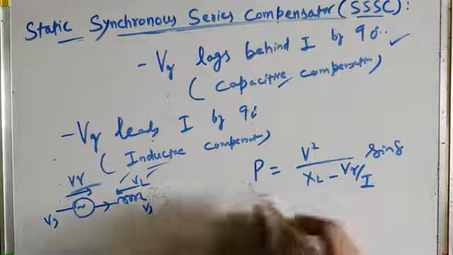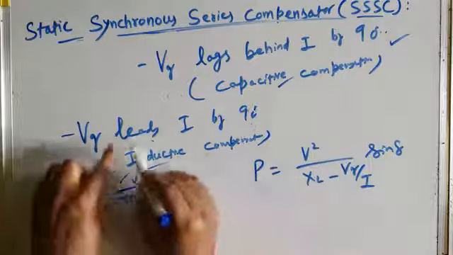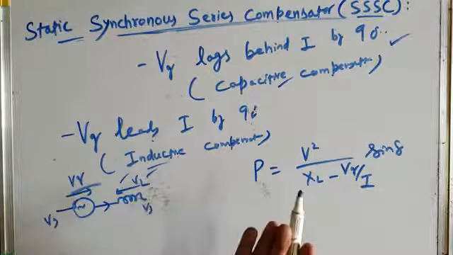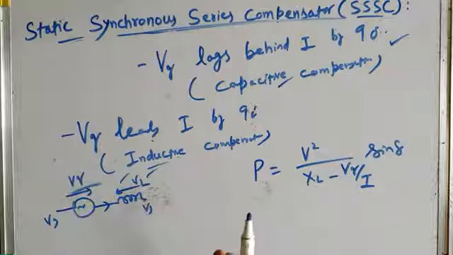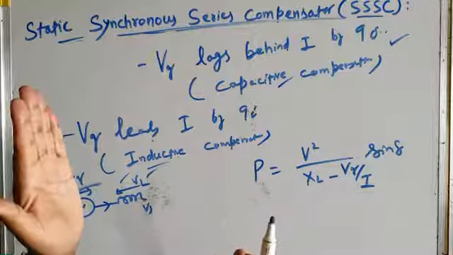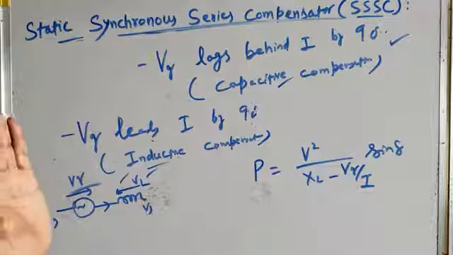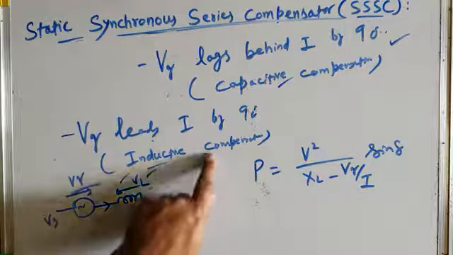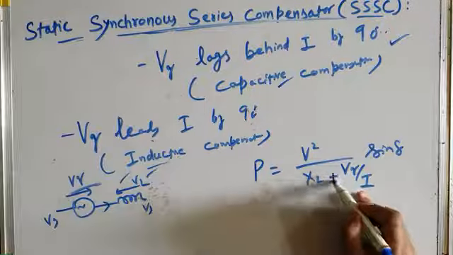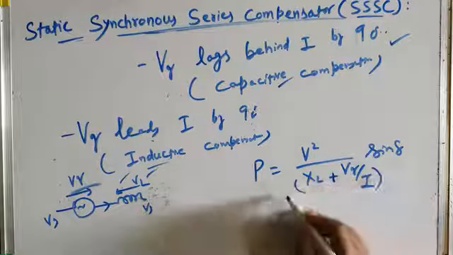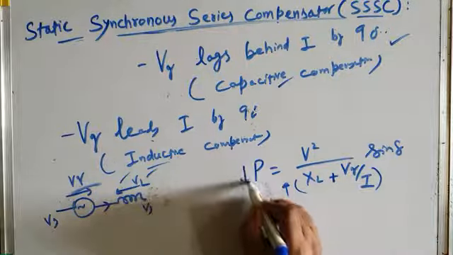Overall reactance was reduced, and P increased. But when it is operating in the inductive region, by reversing the injected voltage phase, by making I lag the voltage by 90 degrees, it now becomes plus. So what happens to the effective reactance? It increases, so P decreases.